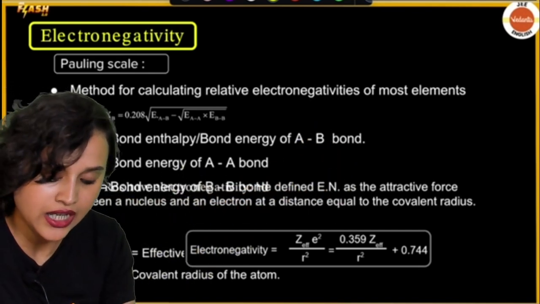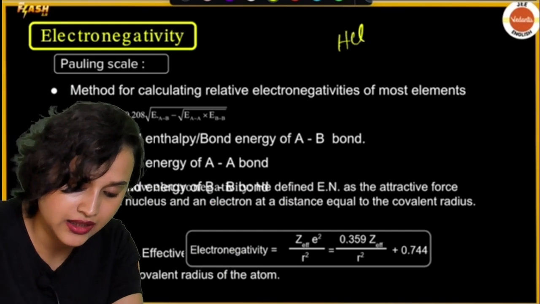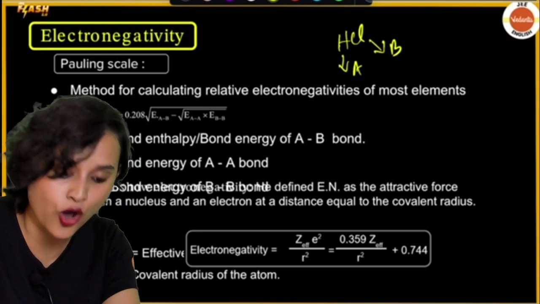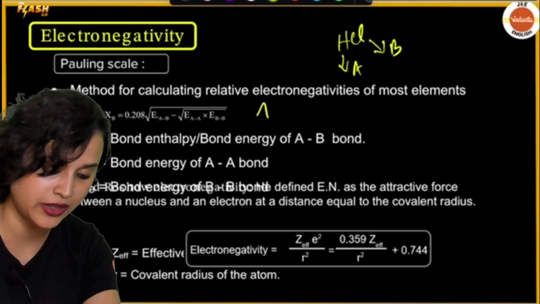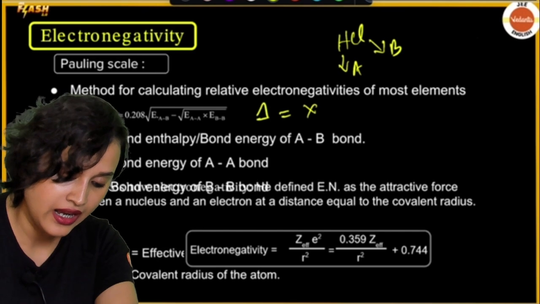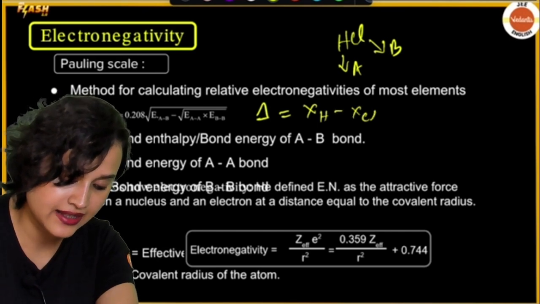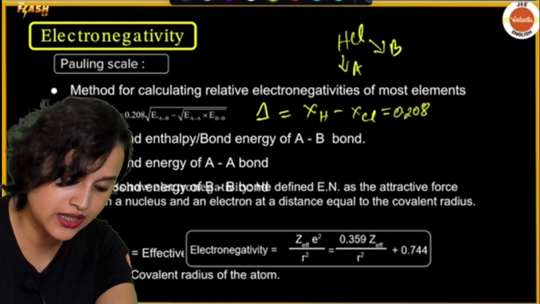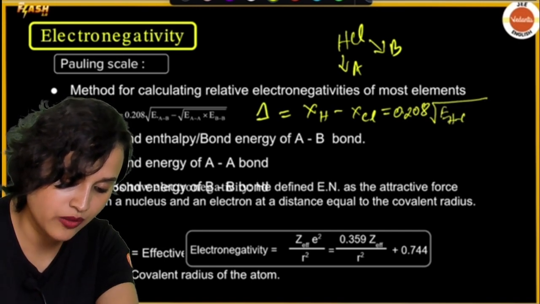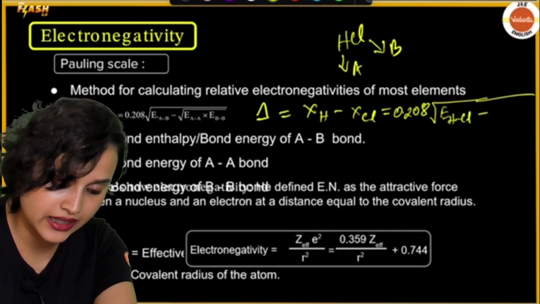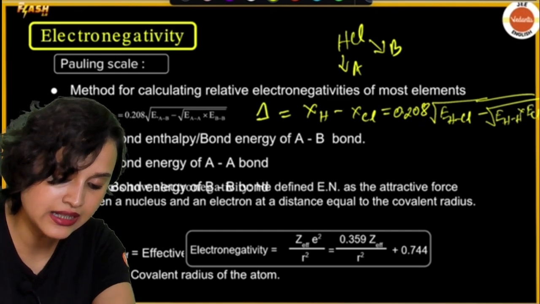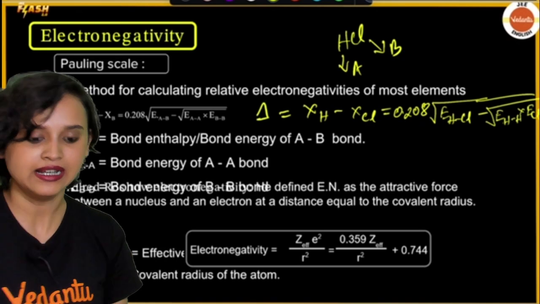For example, if you have the molecule HCl, consider H to be A and Cl to be B. Then the formula becomes delta is equal to XH minus XCl is equal to 0.208 multiplied with root over EH-Cl minus root over EH-H multiplied with ECl-Cl. Getting my point? Yes. This is the formula.